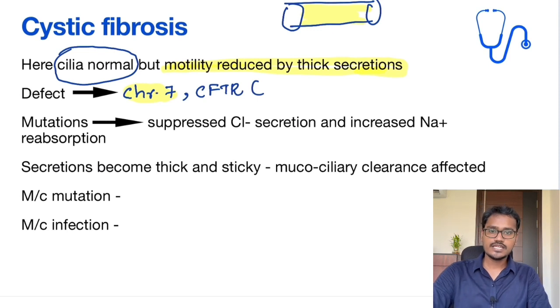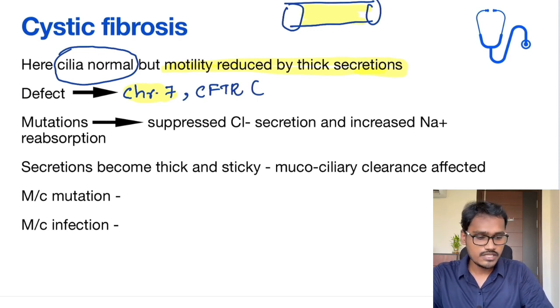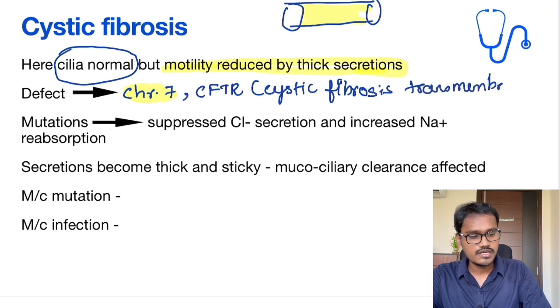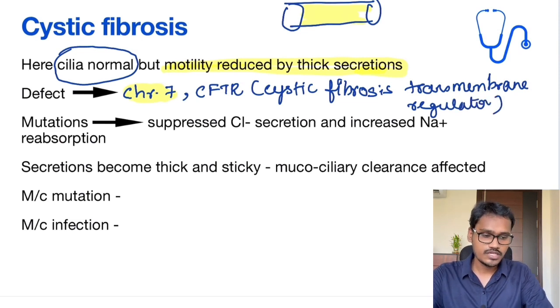The CFTR gene means cystic fibrosis transmembrane regulator gene. This is one of the important MCQ parts of cystic fibrosis. The chromosome number affected is 7, and the gene is CFTR.